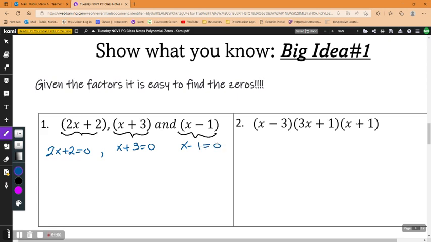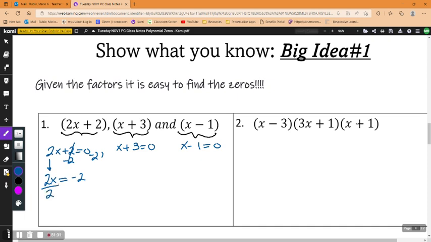2x plus 2 equals 0. This one is a little tough to do visually, so we might have to do it algebraically. I want to get rid of this positive 2, so I'm going to subtract 2 from both sides. Those cancel. I bring down my 2x, and then I've got 0 minus 2 equals negative 2. What's next? I want to get rid of this 2 in front of the x, so I divide by 2.